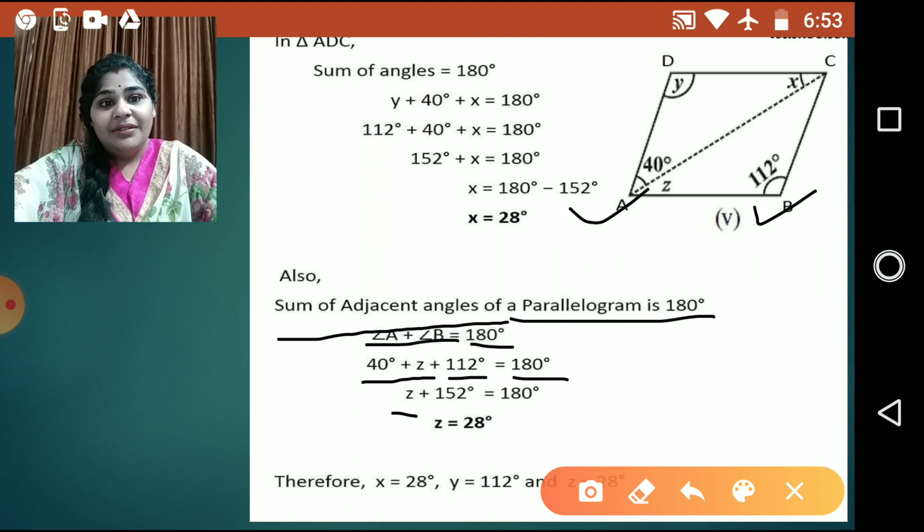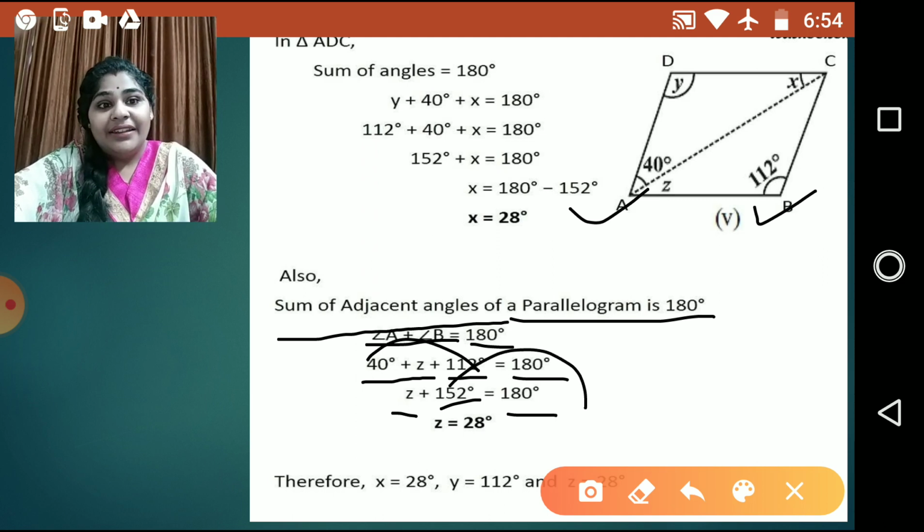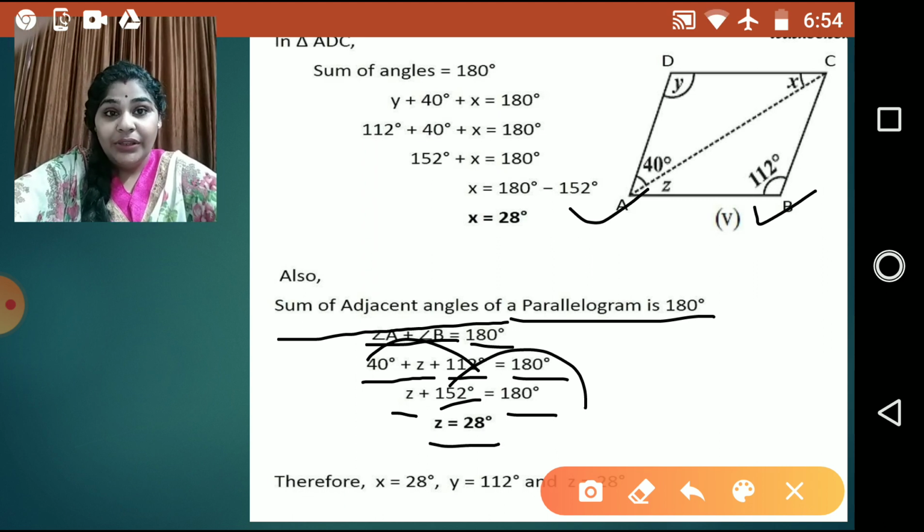So Z plus 40 plus 112, which is 152, is equal to 180 degree. Now 152, again I transpose it to the other side, that is it becomes 180 degree minus 152 degree, which is nothing but Z is also equal to 28 degree.